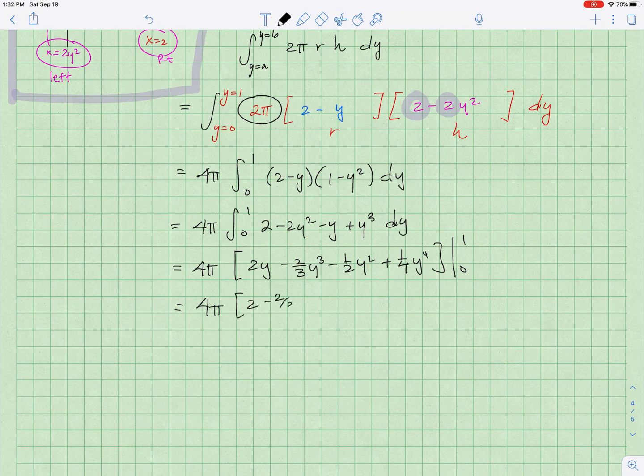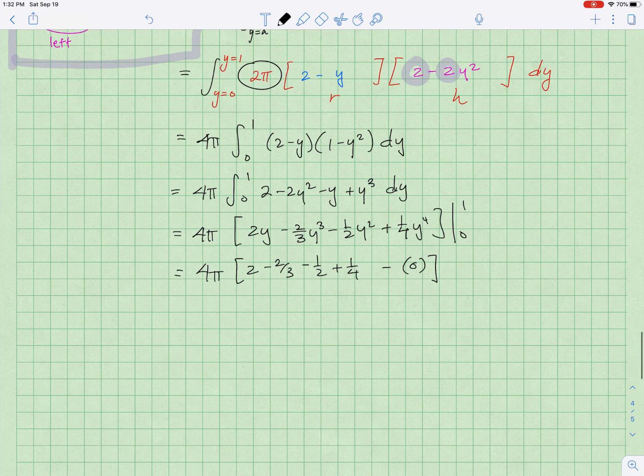2 minus 2/3 minus 1/2 plus 1/4, minus 0 when we plug in 0. And arithmetic. Let's see, 4 pi, and this will all be over a common denominator of 12.